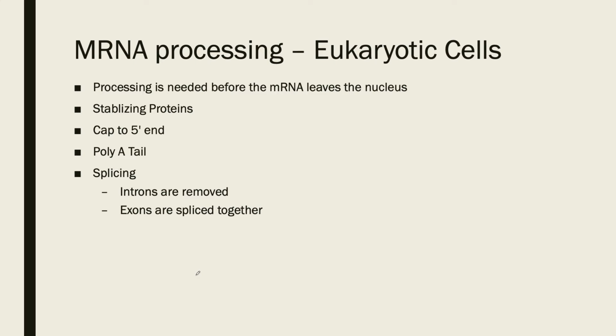So the introns are actually spliced out and removed, and then the exon pieces are put together. The way you can remember that, the reason it's called an exon is this is what's being expressed. So when we say a gene is expressed, that means the gene is turned on and the protein product is being expressed. So the exons are those that are actually being expressed.